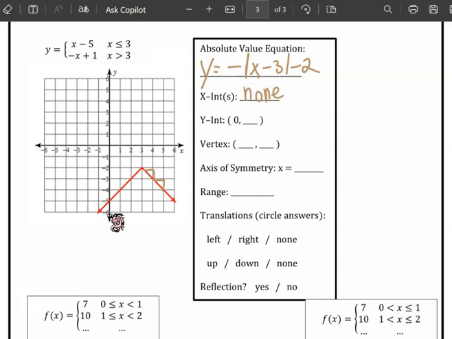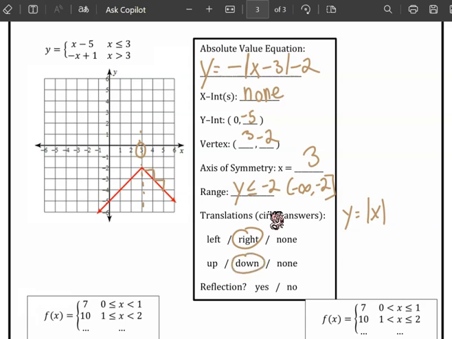The y-intercept is at 0, -5. The vertex is at 3, -2. The axis of symmetry, the line that goes through the vertex, is at x equals 3. And the range is y is less than or equal to -2, also known as negative infinity to -2. The translations for the parent function y equals absolute value of x: it goes to the right, it goes down, and it has a reflection.